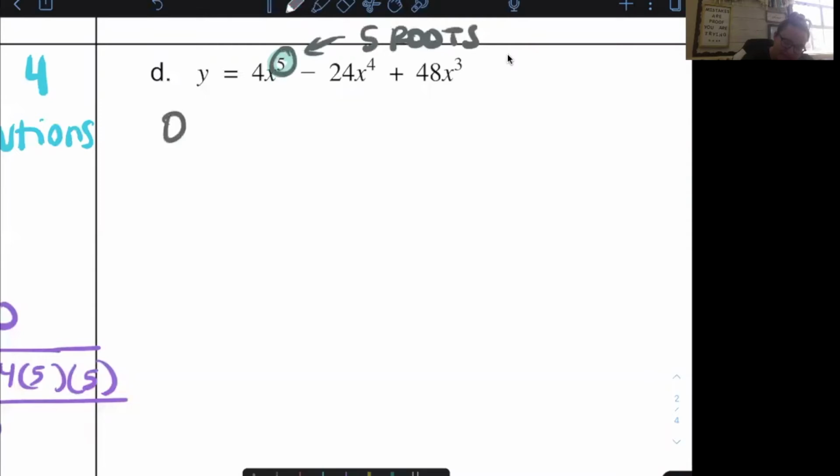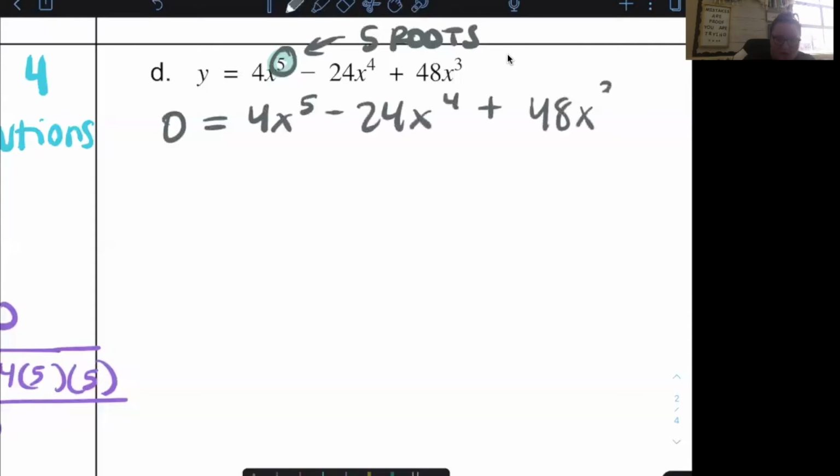The next thing I'm going to do is plug in 0 for y. Then I'm going to start factoring as much as I can. I'm looking for a GCF. So I notice that 4 goes into 4, 24, and 48.